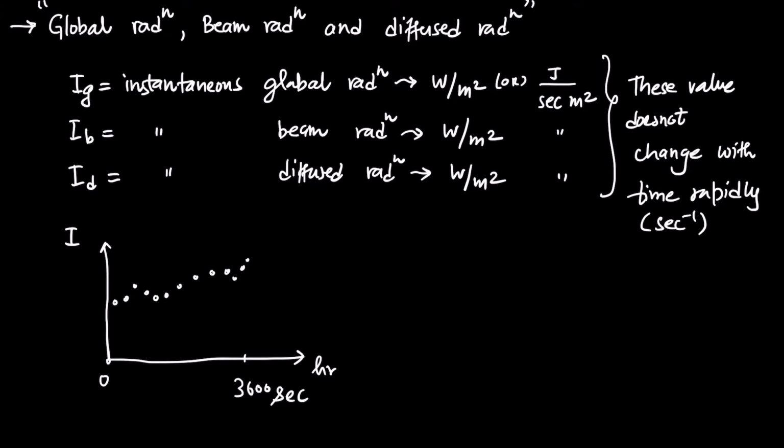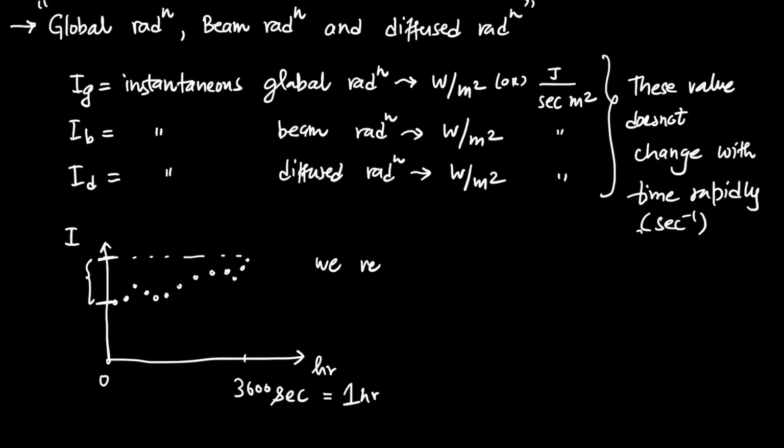The value of I is very small for a change of a second. But for a change of an hour, that means the value at this point and the value at this point, the change is visible. 3600 seconds means 1 hour, and the change is visible. That's why we consider Ig, Ib, and Id on an hourly basis.